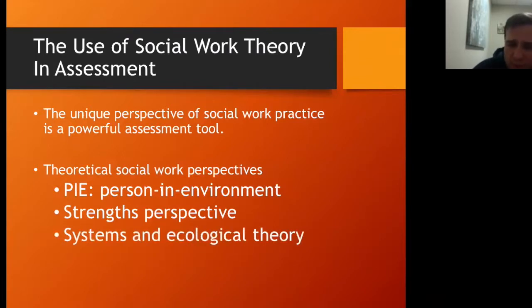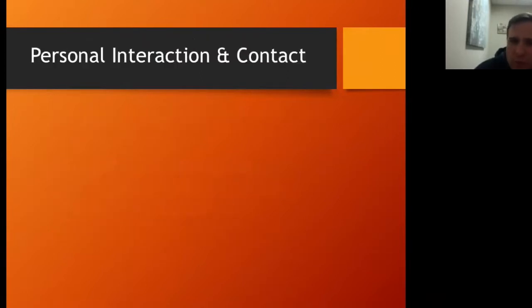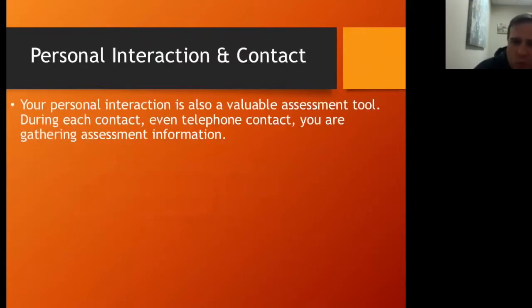So then our systems and ecological theory guide both the person and environment and the strengths perspective. So your interaction, this is where I talked about you being in the room, and how you're feeling with the person is a huge part of what happens in there. It's a valuable assessment tool. If you're sitting in the room and you're feeling really creeped out by your client, that's an important thing to note.